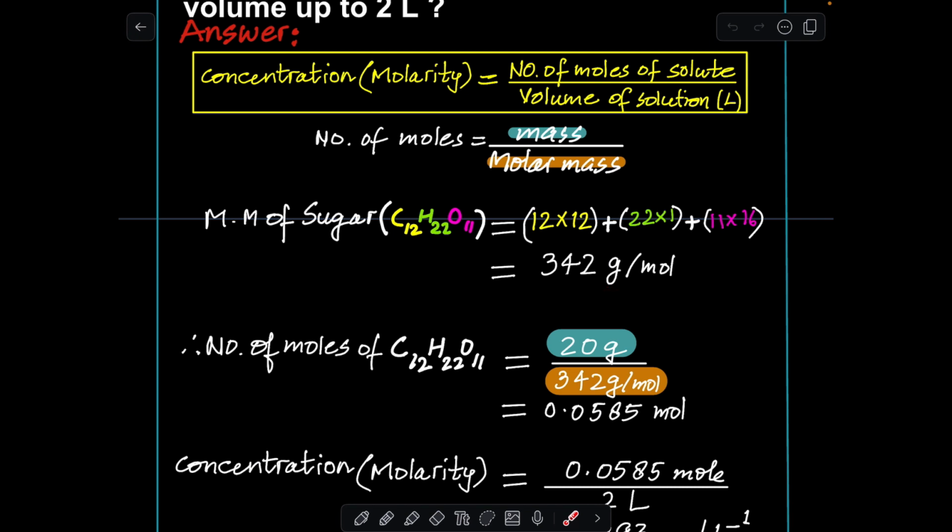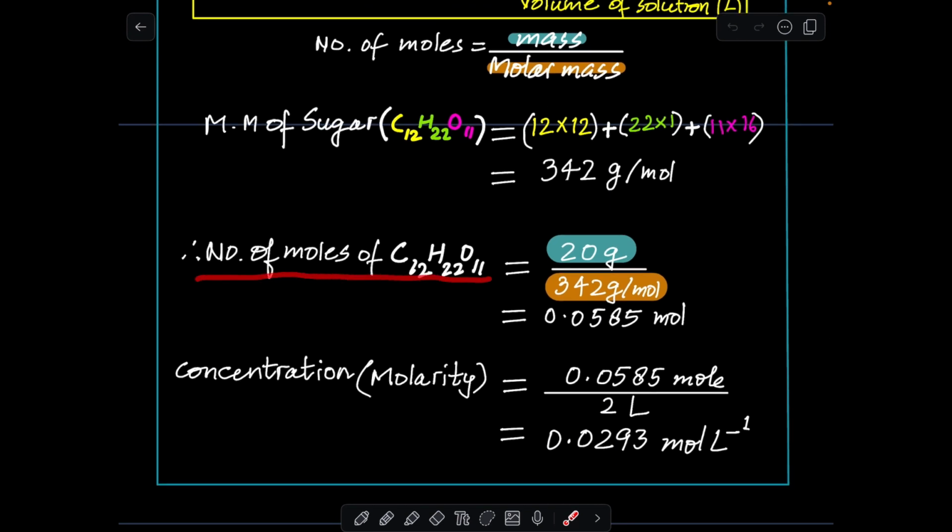So the number of moles of the given sugar will be calculated from the mass, which is given to you, and the molar mass, which we have calculated. So these are the number of moles. Lastly, we'll calculate the molarity of the given solution: the number of moles, which we have calculated here, divided by 2 liters. This is given to you in the question. So the molarity of the given solution will be 0.0293 moles per liter, or the concentration will be 0.0293 moles per liter. So this is your answer.